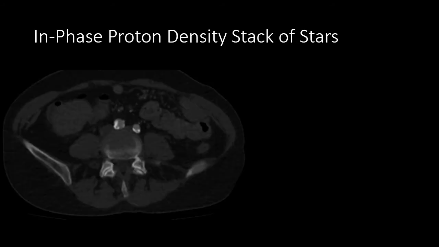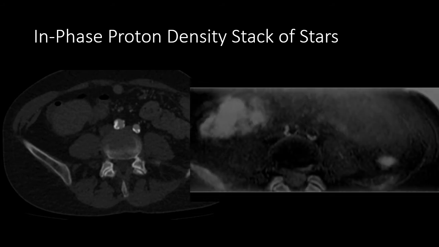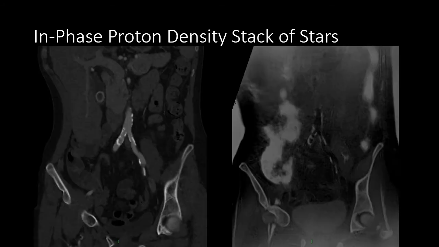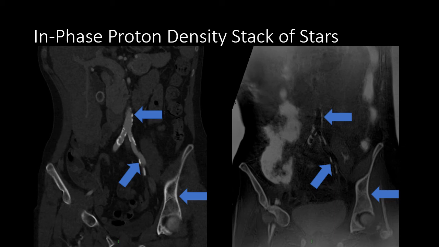One of the best ways is an in-phase proton density stack of stars, and you can see excellent correlation between calcium in the right common iliac artery here between the CT and the MR sequence, as well as thin linear calcifications down here at the iliac bifurcation, small things up in the aortic wall, and absolutely fantastic delineation of the detail of the bone, not only separating the cortical from trabecular bone, but details of individual trabeculae that make up the bone texture.